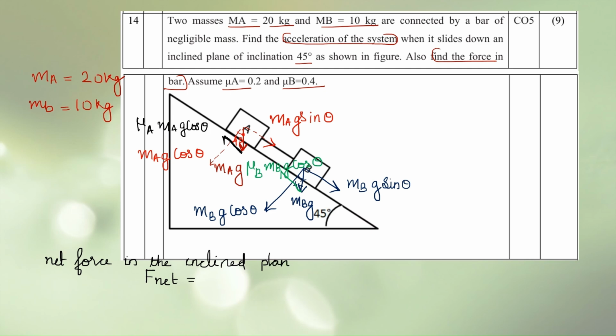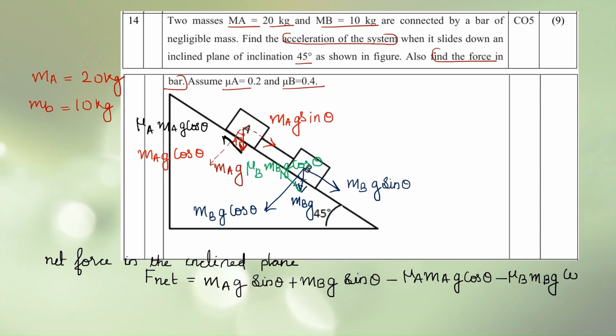Net force in the inclined plane is MA G sin theta plus MB G sin theta minus mu A MA g cos theta minus mu B MB g cos theta. This is our net force.